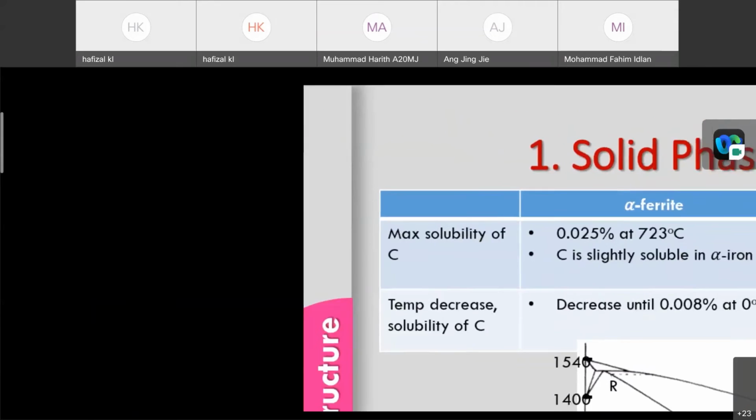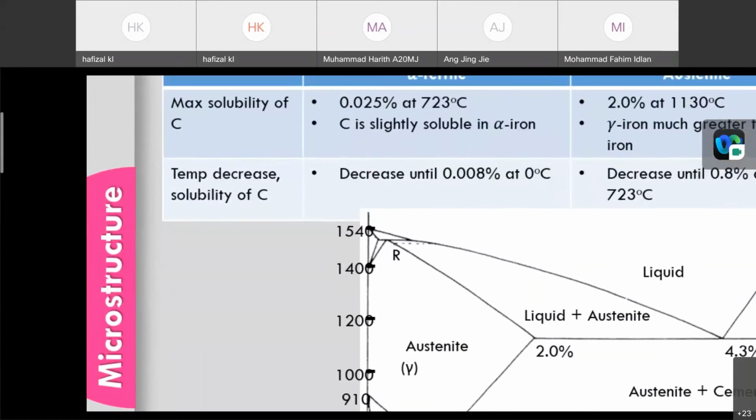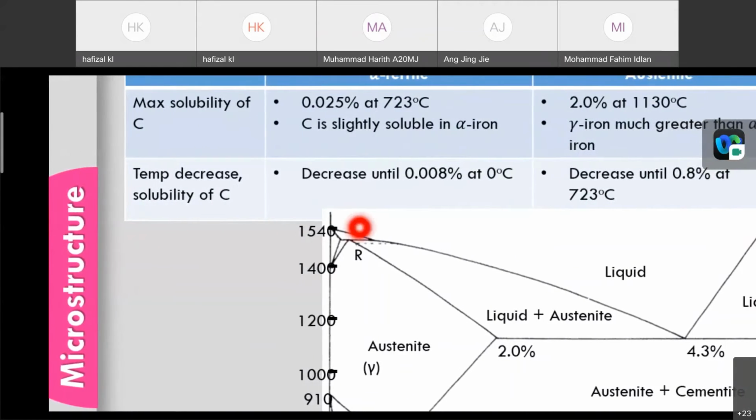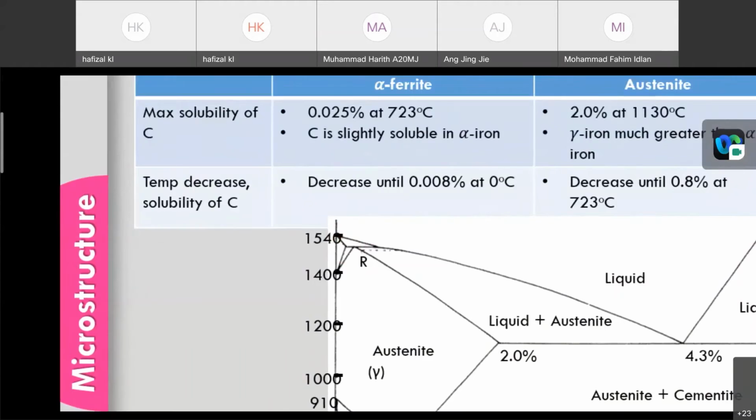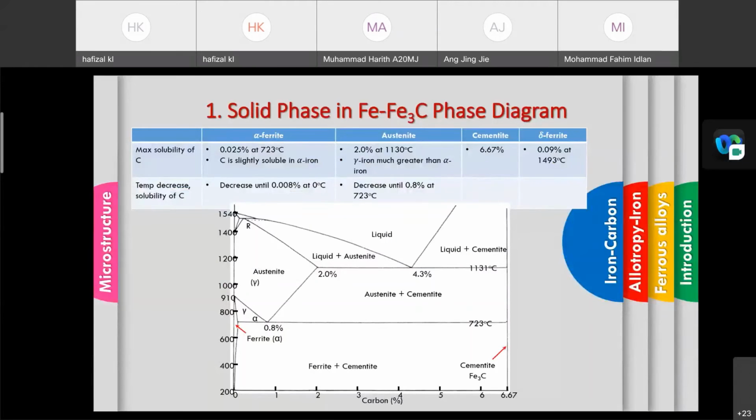Okay, at this point. And then we make projection to intersect with the x-axis. The value is 0.09. So this is the information that we can get for the maximum solubility of carbon in the solid phase.